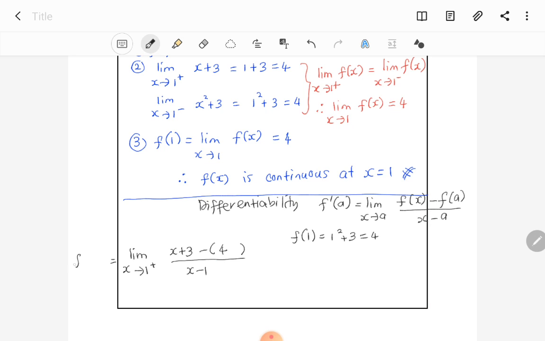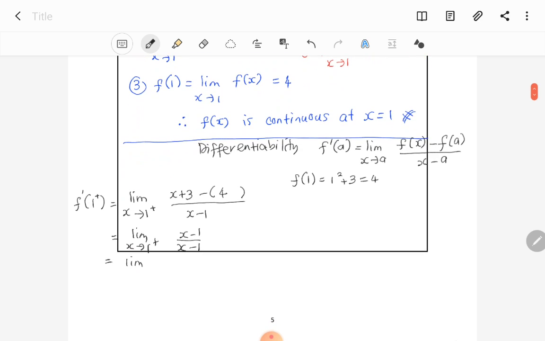So this is f prime of 1 positive, which equals the limit as x approaches 1 positive of (x minus 1) over (x minus 1), which equals the limit as x approaches 1 positive of 1. So the answer is 1. So we got the answer for the derivative f prime 1 from the right.